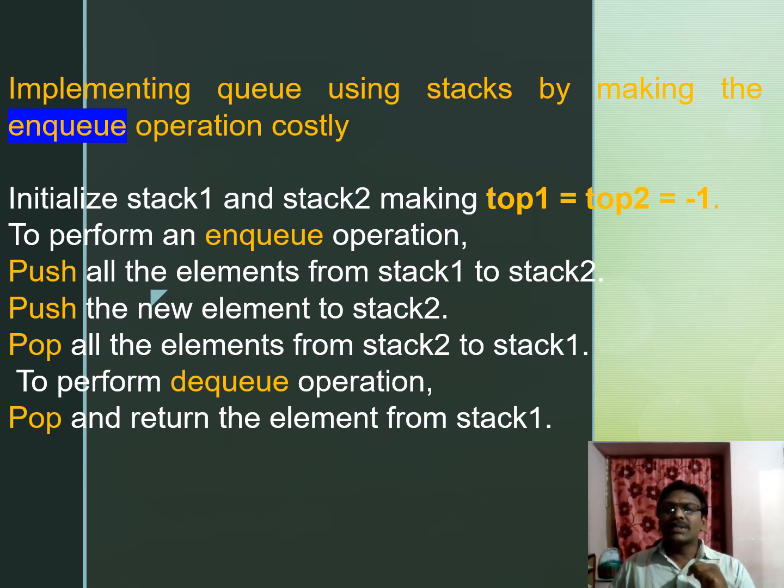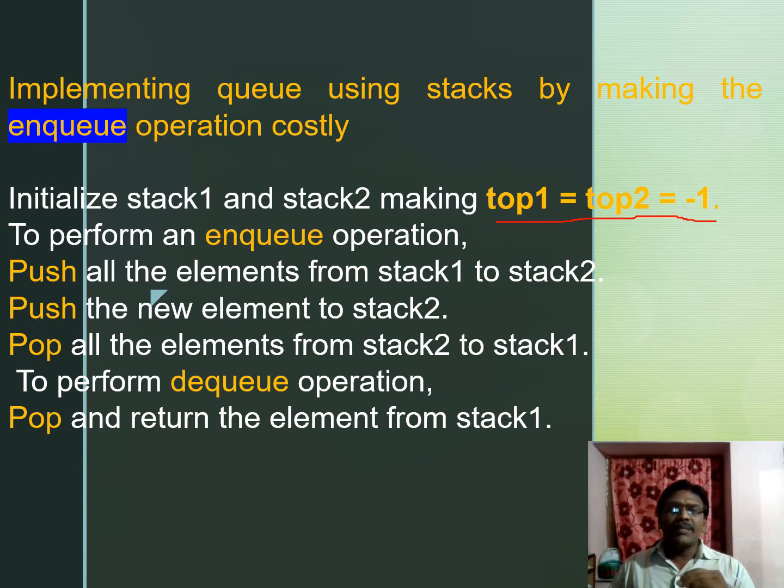Implementing queue using stack by making the enqueue operation costly. Initialize stack 1 and stack 2, making top1 equal to top2 equal to minus 1. By default, the top is represented by minus 1. To perform an enqueue operation, push all the elements from stack 1 to stack 2.